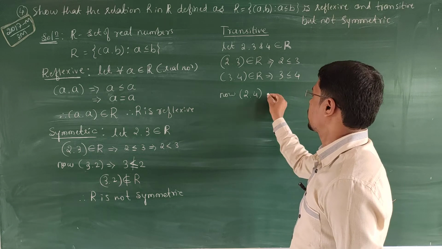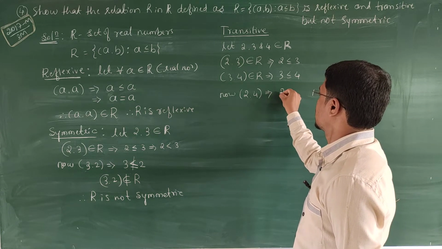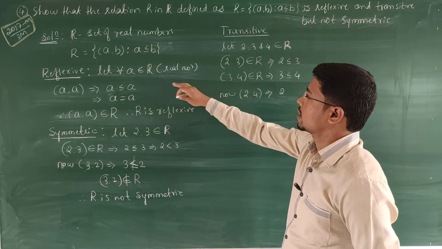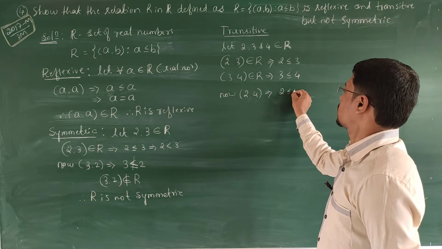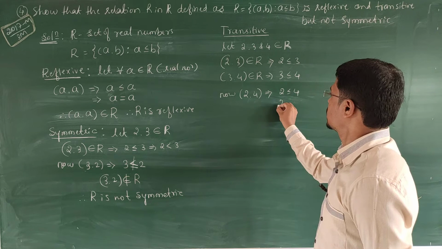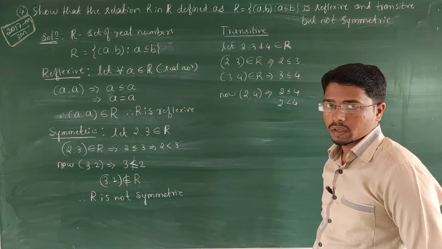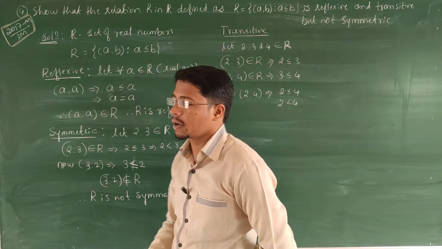We considered (2, 4). This implies put 2 and 4 in the relation A is less than or equal to B. 2 is less than or equal to 4, right? 2 is obviously less than 4. 2 is a smaller number than 4.